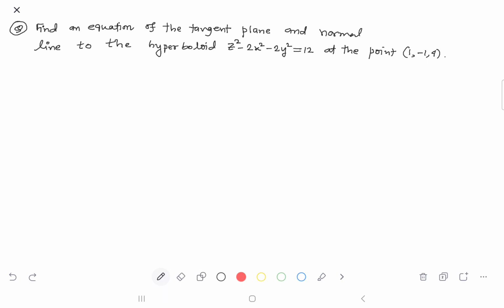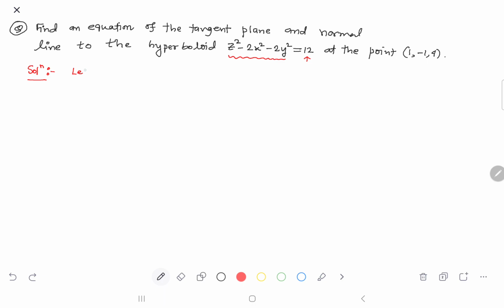Exactly, very good. So first you have to write down the function f. This is your f function, right? The constant term you can forget, just take the variable part and call it small f.